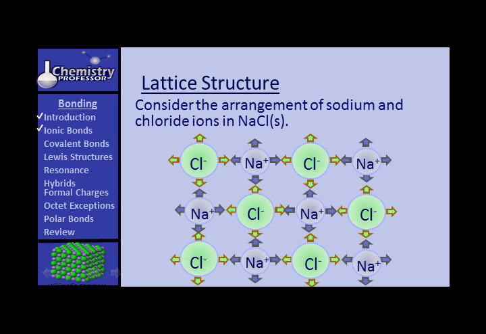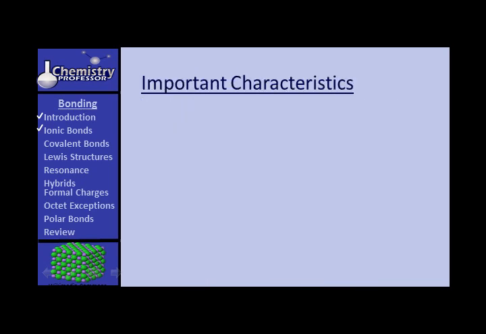Chloride ions exert their negative attraction in all directions. Sodium ions exert their force equally in all directions. That's important. So a sodium ion is not particularly separating out a chloride ion and saying, hey, that's the other part of my compound. No, no. It is a lattice arrangement.